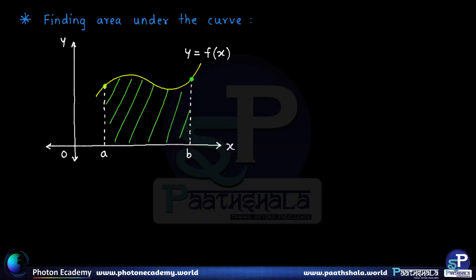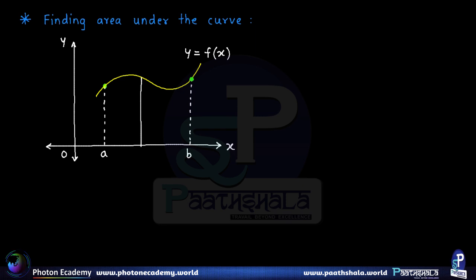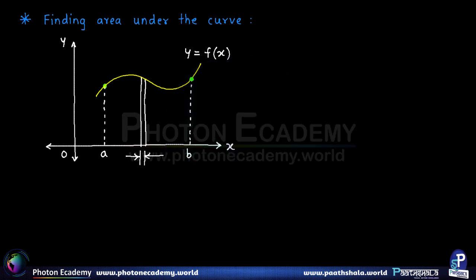Now to do that with the help of definite integrals, we consider a vertical strip of very small width. Technically that is called an infinitesimal width, and we call that width dx. Since this width is dx, the two vertical heights of the strip are practically the same.